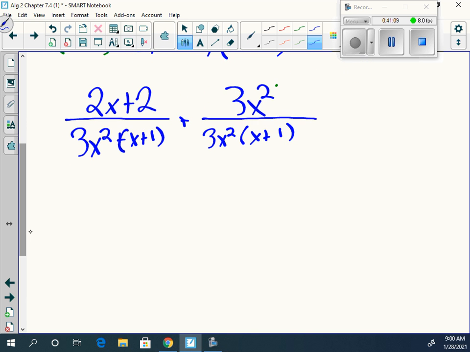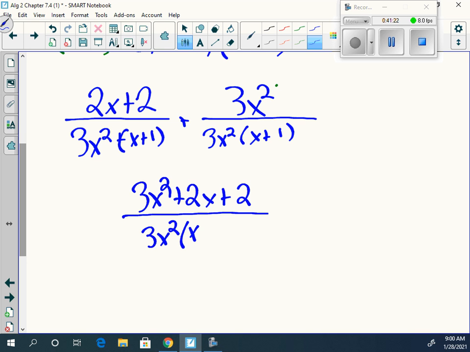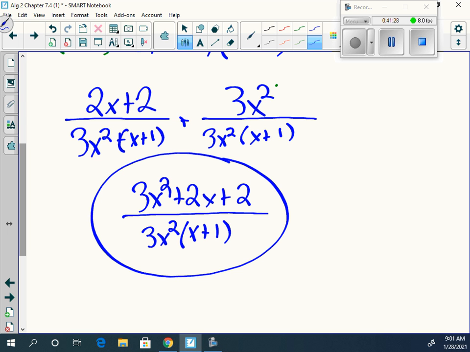And now we're wanting to do what? We're wanting to add them together. So we get 3x squared plus 2x plus 2 over 3x squared times x plus 1. And I'll tell you that's as simplified as it gets.